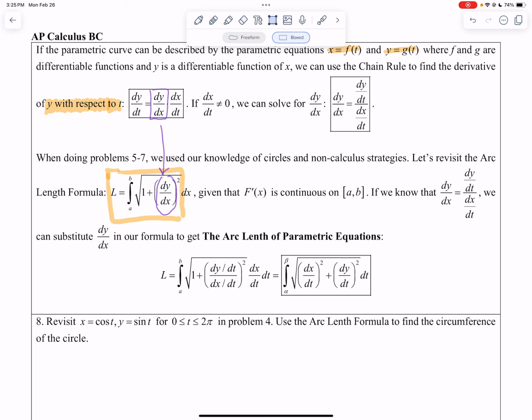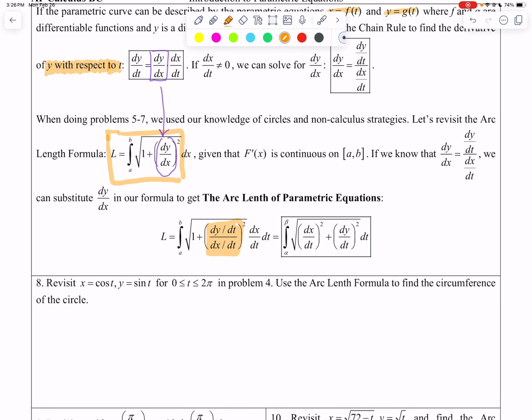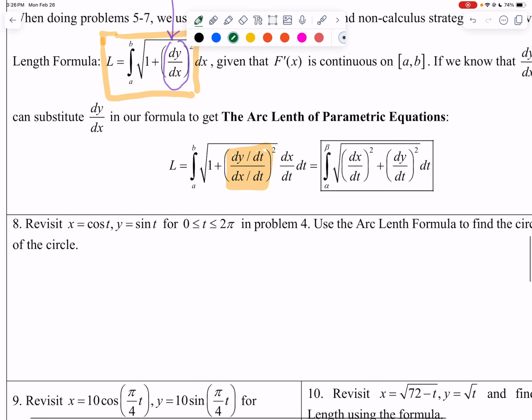Now, given that information right here where dy dx is equal to dy dt over dx dt, what I'm going to do is substitute that in right here, and then I'm going to simplify. So what I did here is go ahead and have common denominators. In order to do that, I have dx dt squared plus dy dt squared.